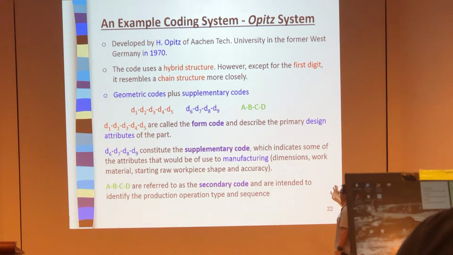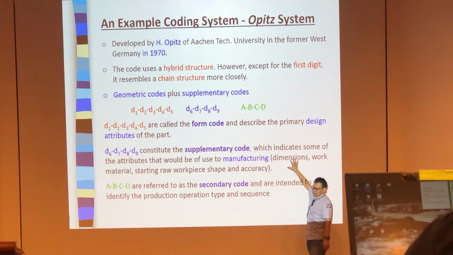And the final 4 are referred to as the secondary code. It is intended to identify the production operation type and the sequence. So this one is typically manufacturing related, mainly manufacturing related as well.